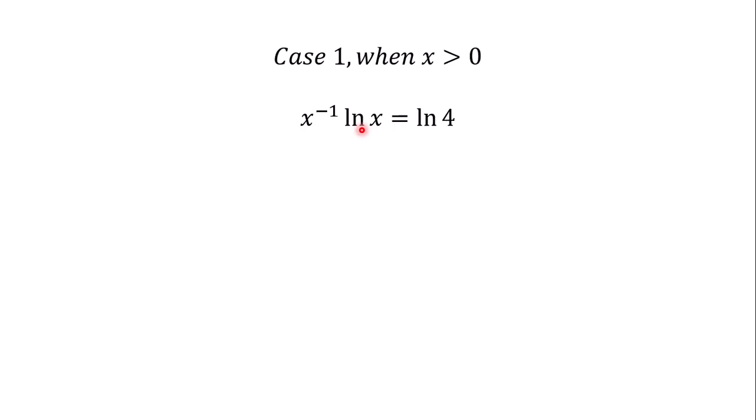Good. Remember when we have log of a number to the same base, it will give you what? 1. So log 10 to the base of 10 is equal to 1. The same way, natural log of e to the base of e is equal to what? 1.